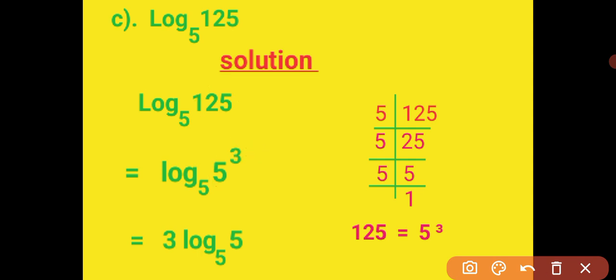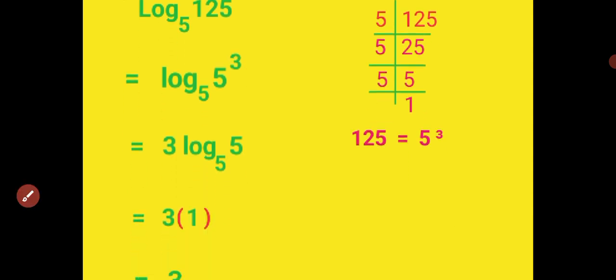And since this number has another power, this power will come down here in the next step, as you can see down here. So 3 multiplied by log to base 5 of 5. But when the base is the same as the number in front, automatically it's the same as 1.